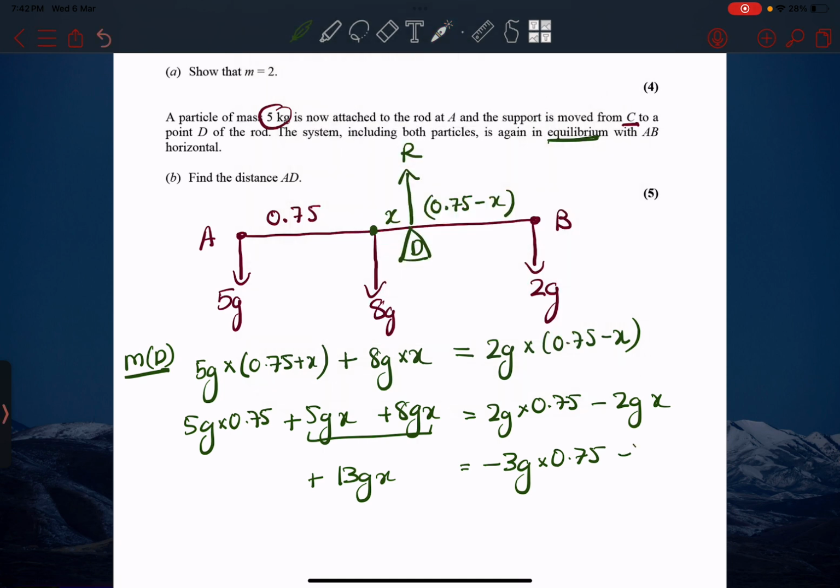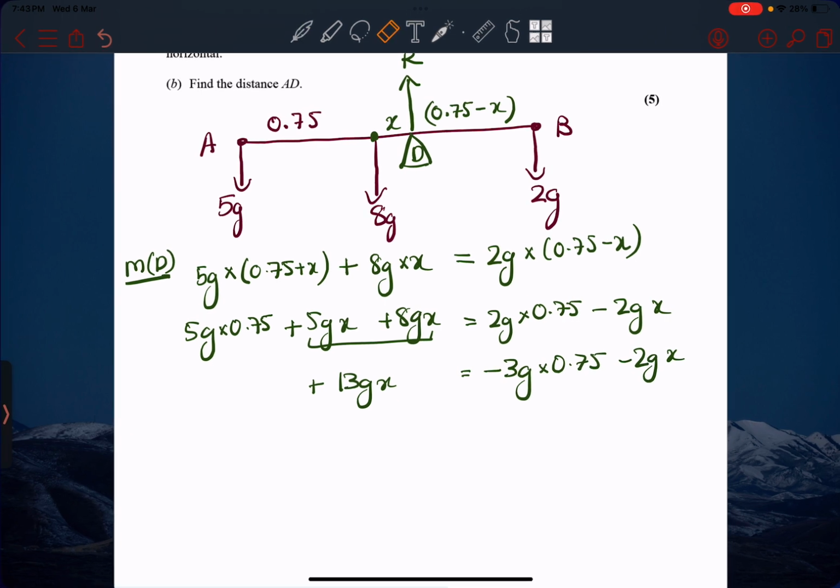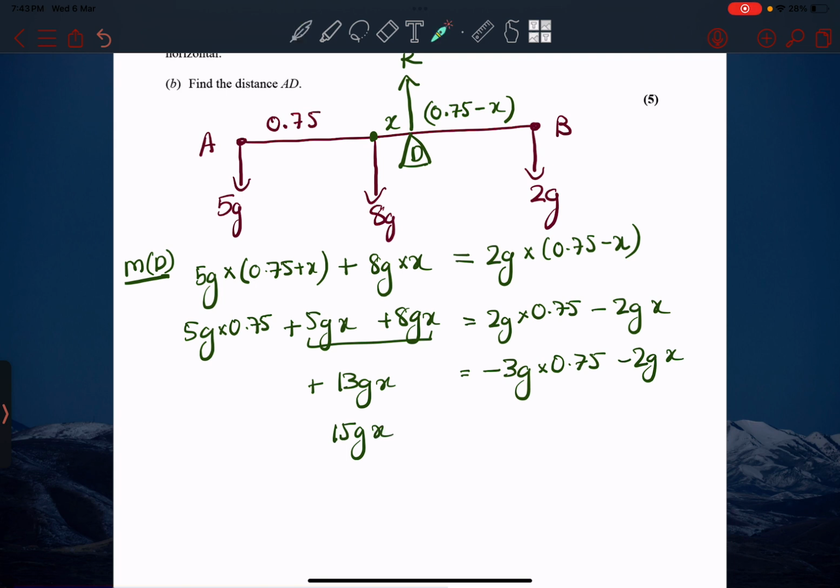Maybe I'll write one more step: then the minus 2gx and the 13gx become 15gx, adding the 2gx on both sides, equals minus 3g times 0.75. We can cancel out the g and the g, so that goes off. And then 3 and the 15 become 5. So I can say x is equal to minus 0.75 divided by 5. So that is minus 0.15.